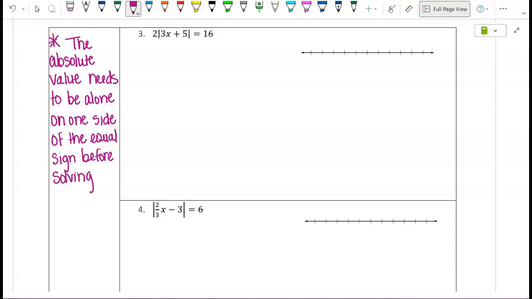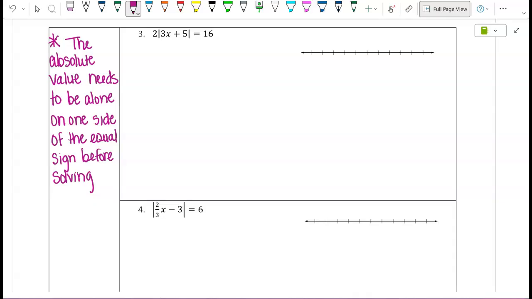itself on one side. So anything that is outside of the absolute value, we're going to use our properties of equality to solve. So in this case, number 3 says 2 times the absolute value of 3x plus 5 equals 16. So since this is 2 times, how do I undo 2 times a number?